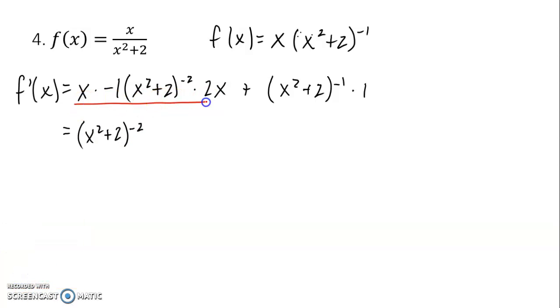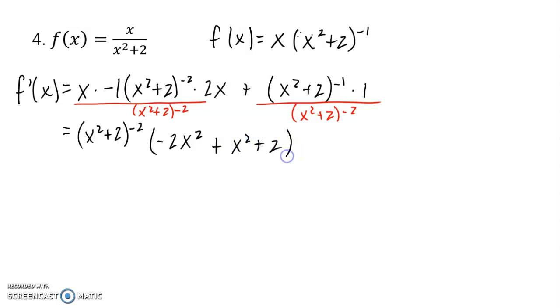Factoring that out of each term, I'd be left with negative 2x squared. And then this negative 1 minus negative 2 would give me plus x squared plus 2. So I get negative x squared plus 2 in the numerator, all over x squared plus 2 quantity squared.